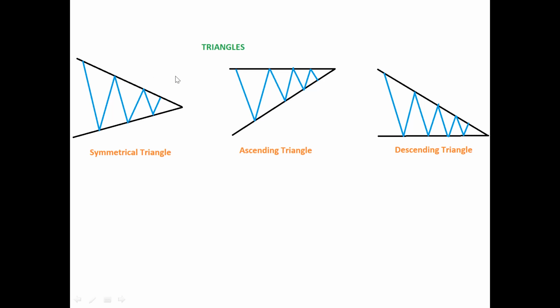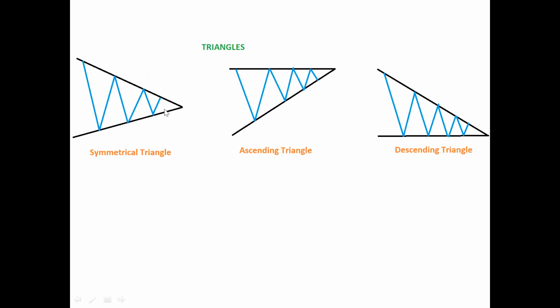If I plot a line from here like this, I'll get this much target, and I'll put my stop loss here on the other side. So this will be my first target, and this will be my second target. If I plot a horizontal line from here to here, that will be my second target.